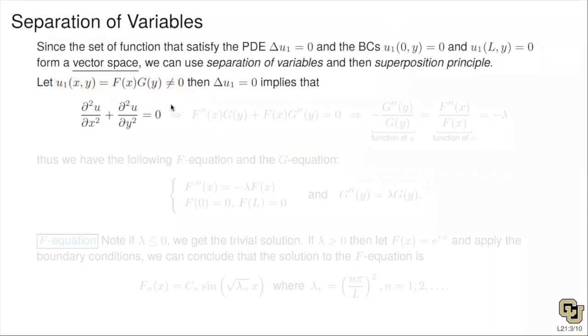I plug it into the old Laplacian equation, Laplace's equation, del u equals 0. So I get f double prime of x times g of y plus f of x times g double prime of y equals 0. I'm going to take one set of these and move them over, and then put all the functions of y on one side, all the functions of x on the other side.